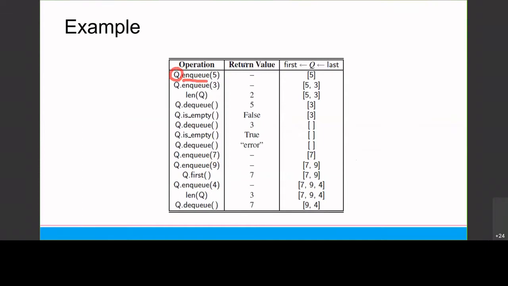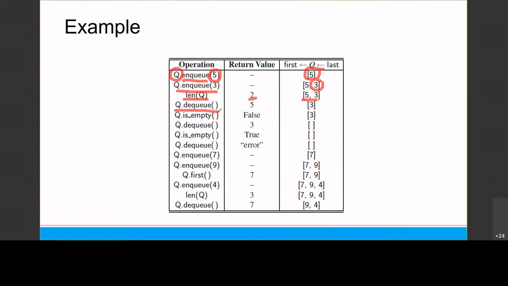This enqueue will insert an element 5, so the queue will have 5. And then I will enqueue again, so I will insert a new element, and the element will be at the end. So now we have 5 and 3. If I check the length of the queue, it shows 2.